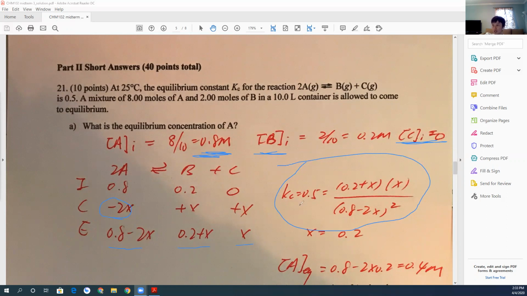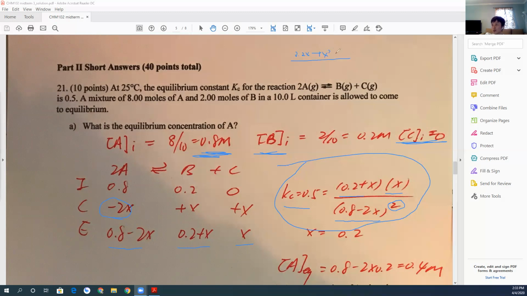right? So I have Kc, which is the equilibrium concentration of B times the equilibrium concentration of C divided by the equilibrium concentration of A squared. Remember this square, a lot of you forget about this square, right? So to solve this equation, you can open this up. On top you have 0.2x plus x squared.